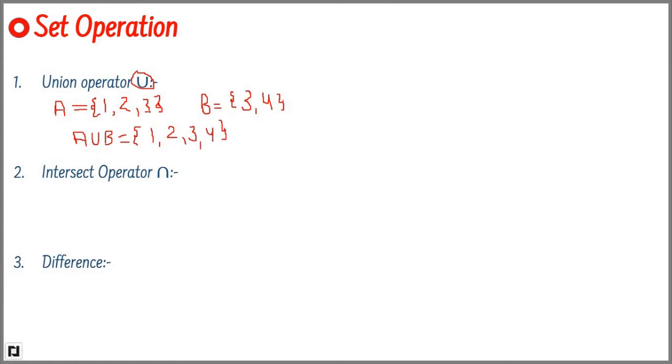Here we don't write 3 two times because a set is an unordered collection of distinct elements.